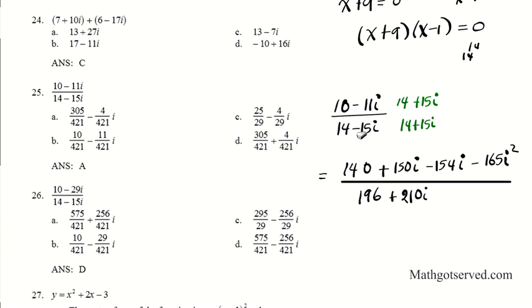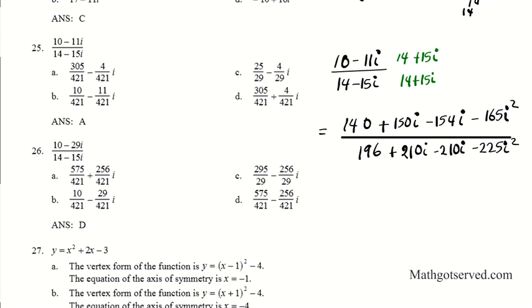And then negative 15 times 14 is going to be negative 210i. And then 15 times 15 is going to be positive, actually negative 225i squared. Okay, negative 225i squared.